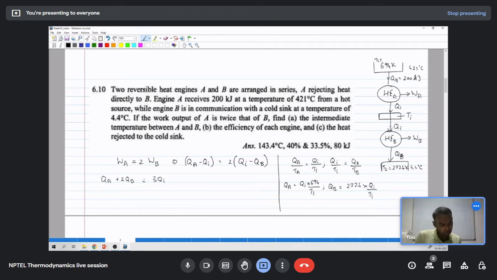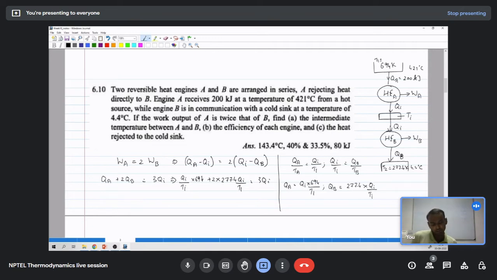So substituting the values of QA and QB in this equation, I will have QI by TI into 694 plus 2 into 277.4 QI by TI is equal to 3QI.